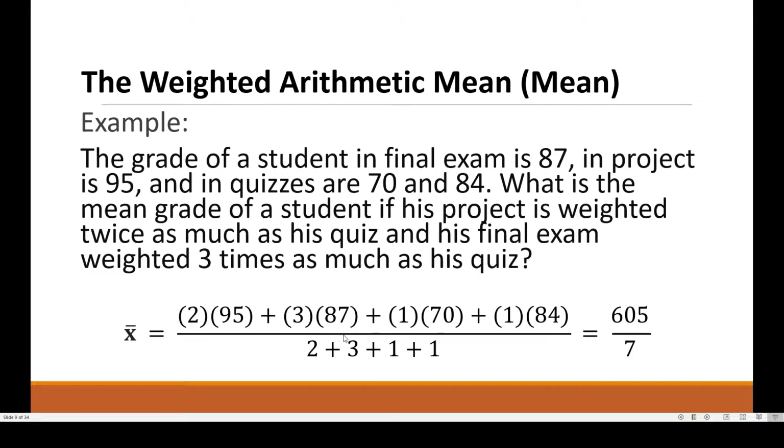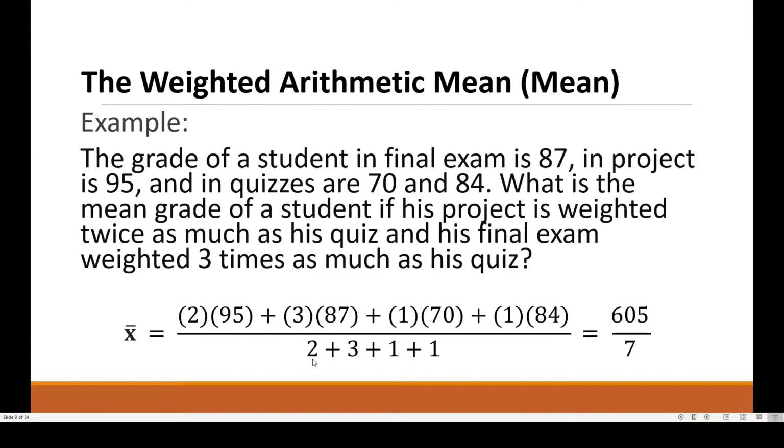So 87 is his grade in final exam, but the final exam weighted 3 times as much as his quiz, and plus 1 times 70, one of the grades in quizzes, plus 1 times 84 divided by 2 plus 3 plus 1 plus 1.